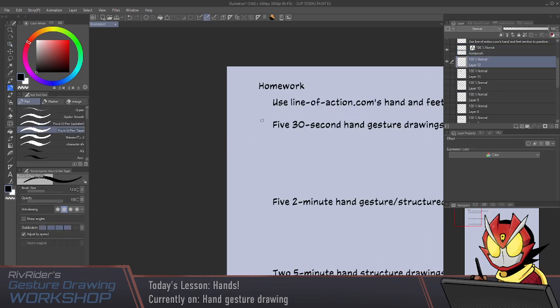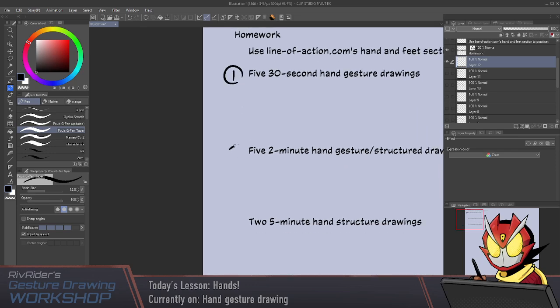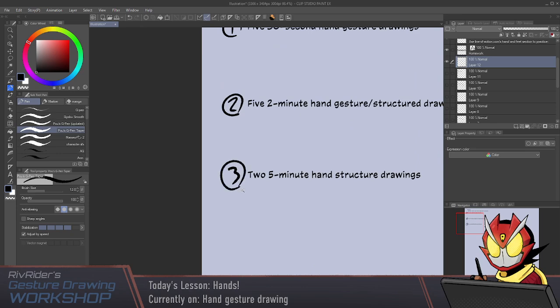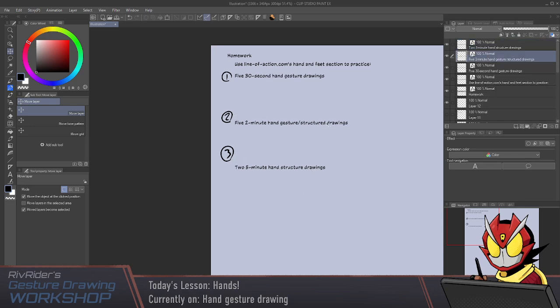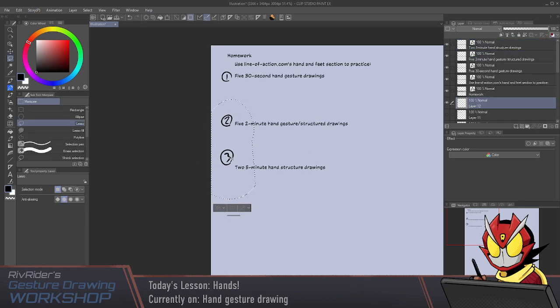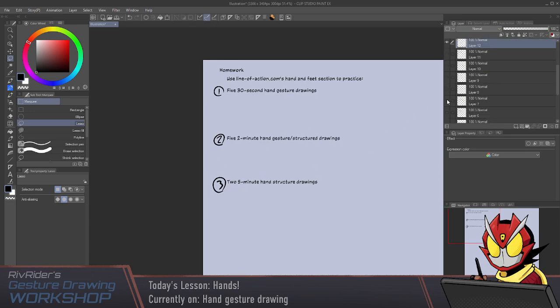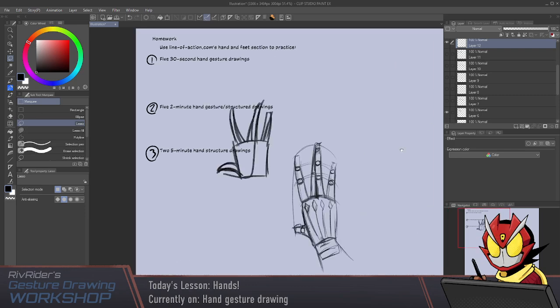You bet your bottom bippy I'm gonna make the homework graphic now. 1 2 3. Miku beam. So where's our 30-second gesture drawings?